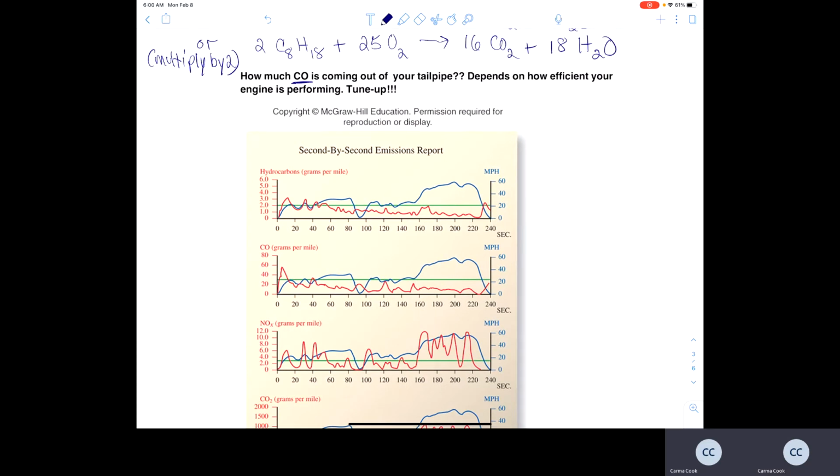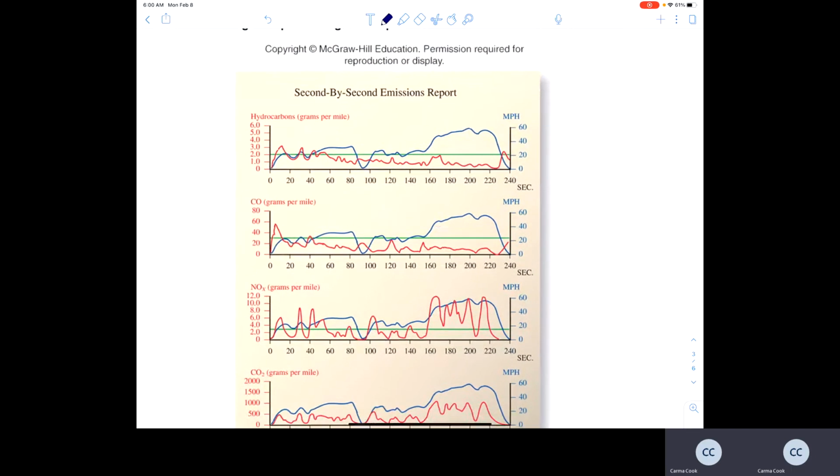So if your engine is performing efficiently, then you should get a passing emissions test. But if your engine is not performing optimally, you may fail your emissions test and may need to take your car in for servicing for things like a tune-up.